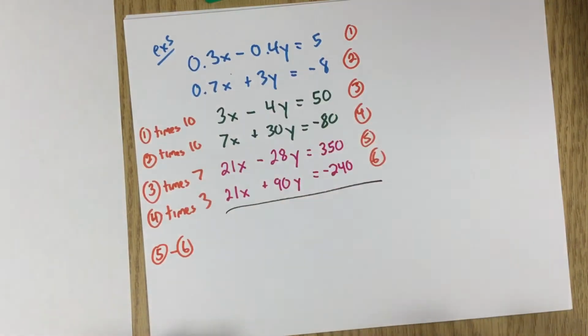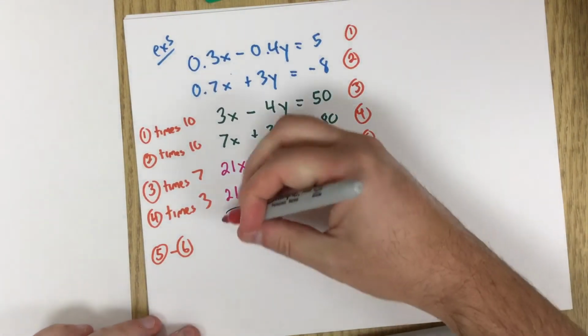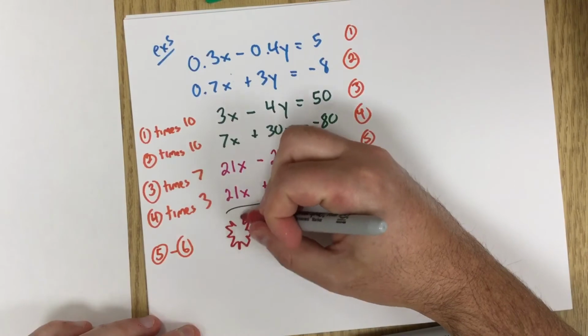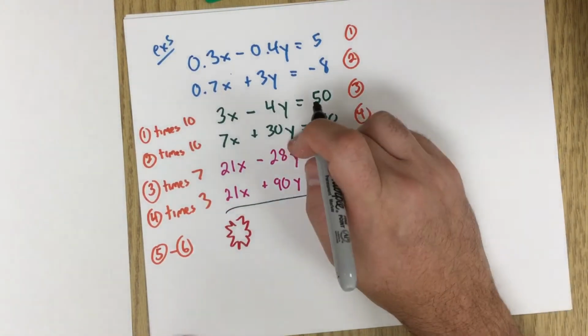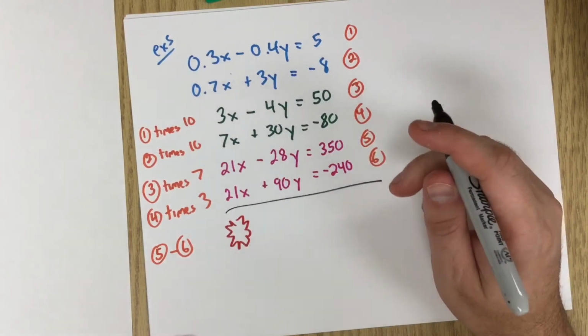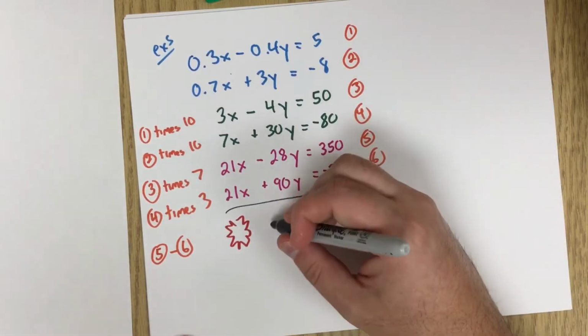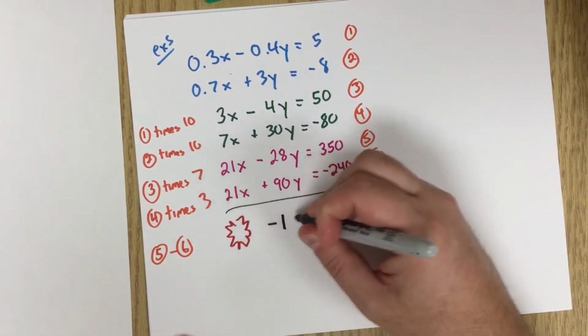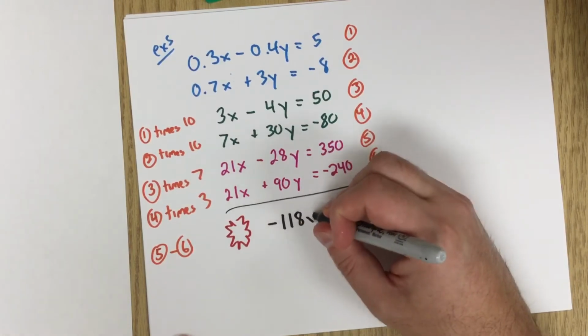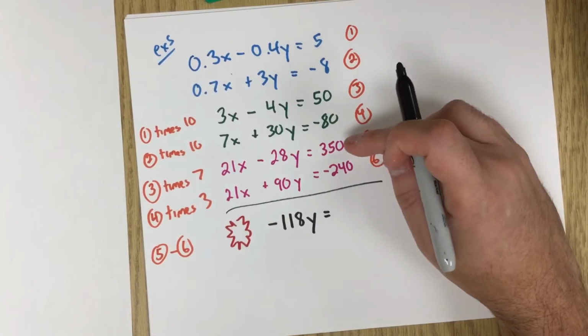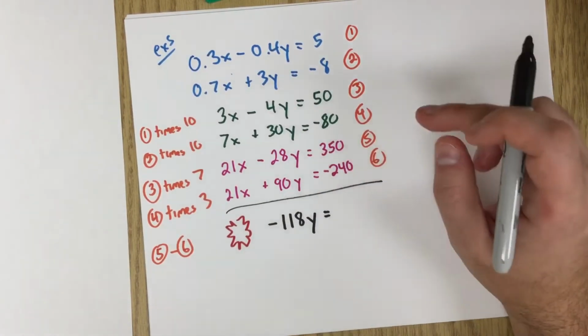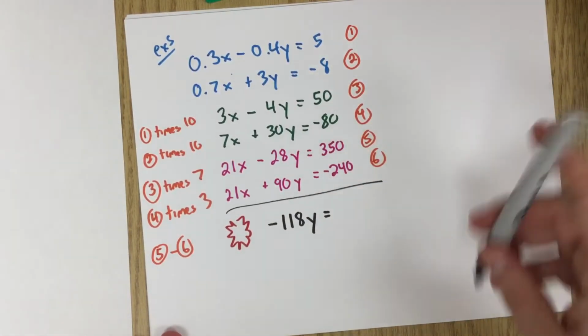So 21 minus 21 does the appropriate kablooey. Minus 28 minus 90 is going to be, of course, minus 118y. Now 350 minus minus 240, I'll write this on the side.